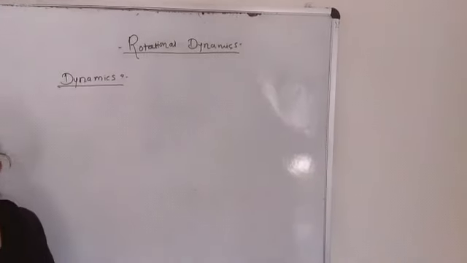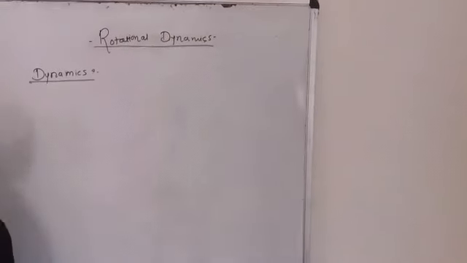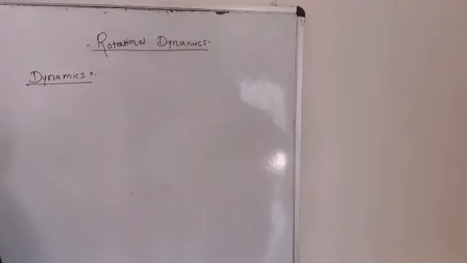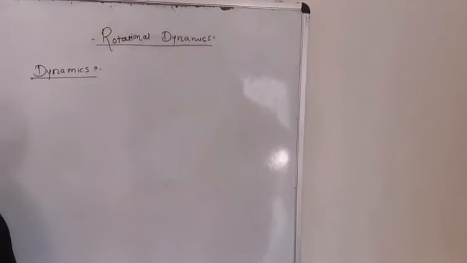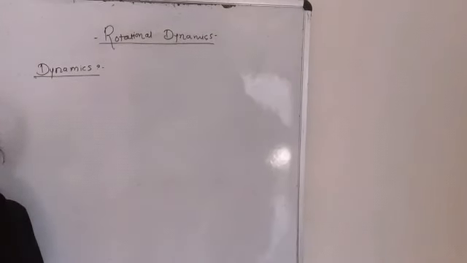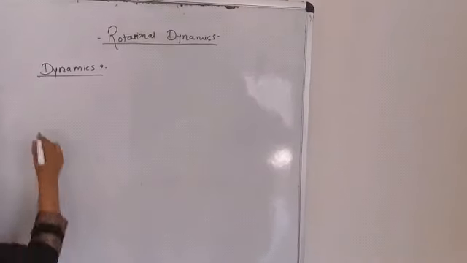That means any object, when it is in motion, whether the motion is along a circular path, a linear path, etc. Now, in dynamics, of the motion of an object, we study first the circular motion.